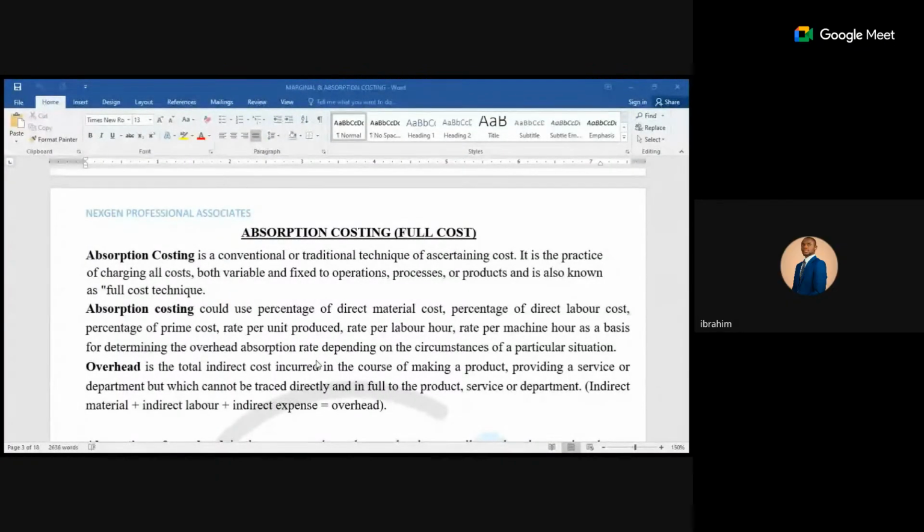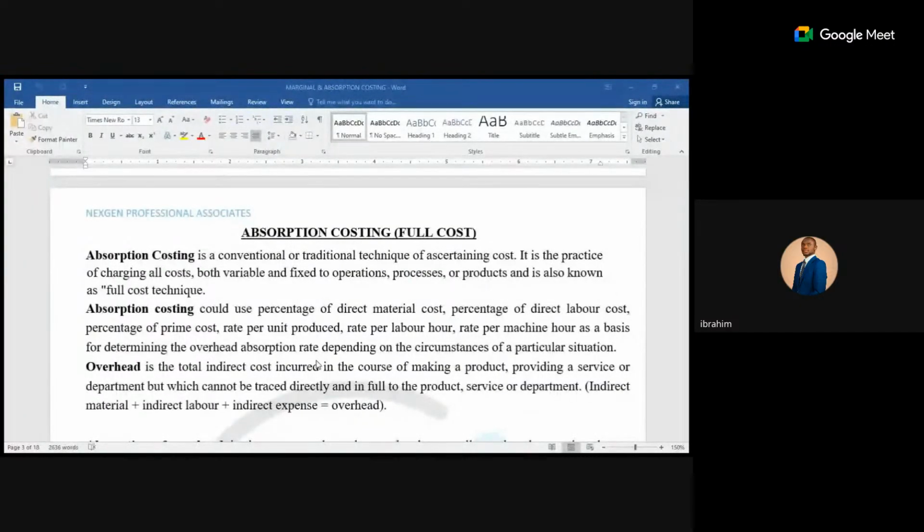Class, what makes up the overhead cost? Indirect material, indirect labor, and indirect expenses equal the overhead cost. It is any cost that cannot be used directly in production. Now, we have direct expenses or direct costs. The material you use goes directly into production because you must use material to produce.